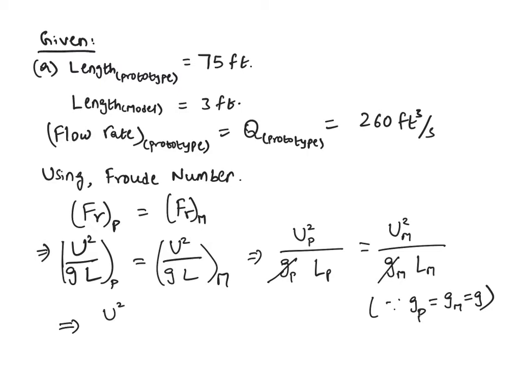By cross multiplying, you bring U squared P onto the right hand side.